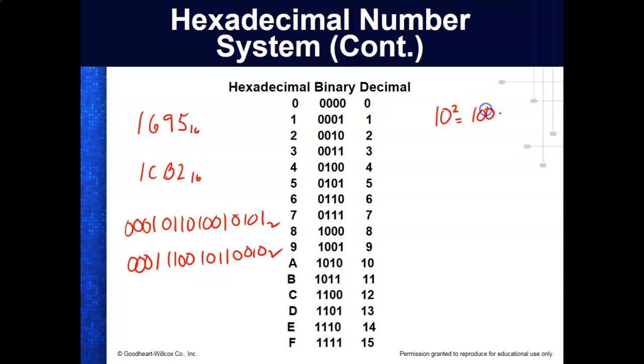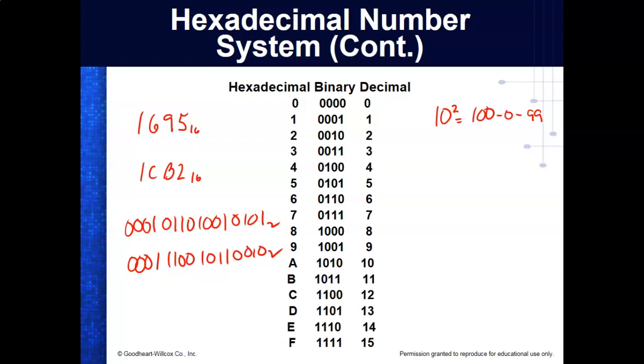That would give me 100 combinations. And what are those combinations? 0 through 99. And you can calculate the biggest number by taking the base raised to the number of digits, minus 1. That gives you the biggest number you can represent.